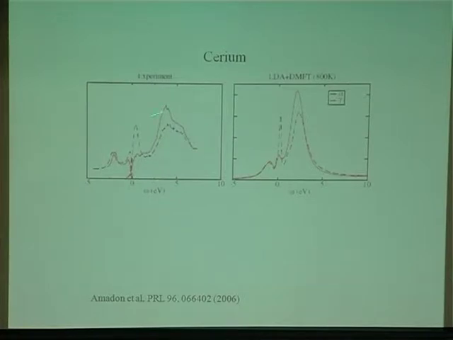This is the experimental spectra, and this is the calculations. LDA plus DMFT appears to be able to describe this drastic reduction in the quasi-particle weight around the Fermi level. So DMFT captures the correct physics of this system.